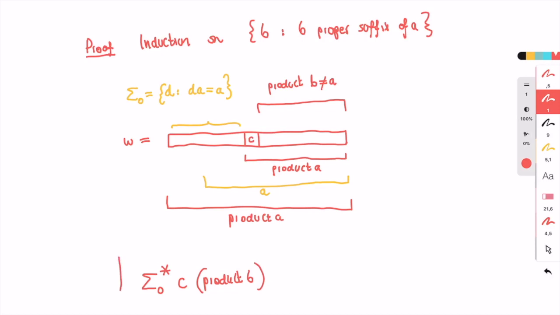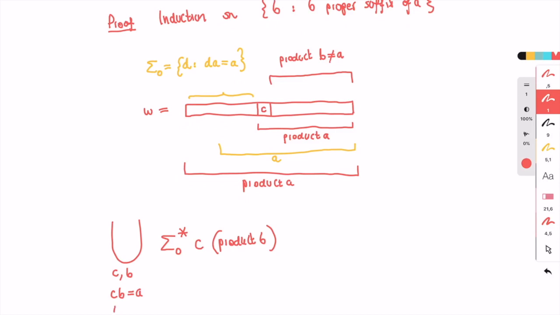And this is for some choice of c and b, such that cb is equal to a, but b is strictly smaller than a. So in particular, it's not equal. So this is our expression. It's a finite union, and all it remains to show is that this expression is suffix unambiguous.